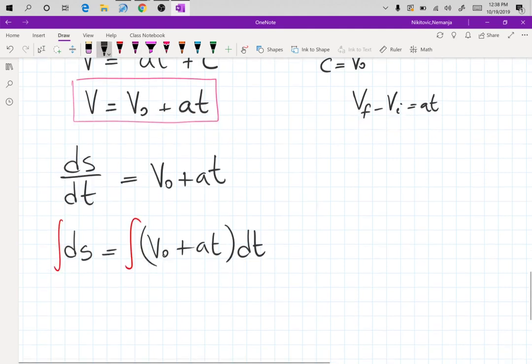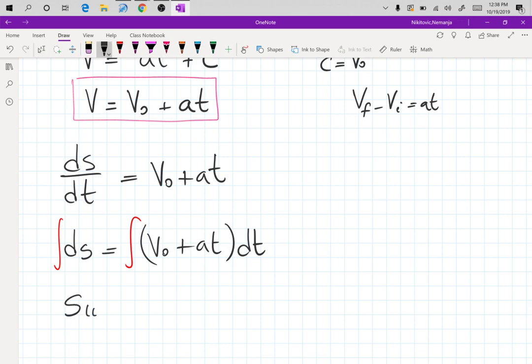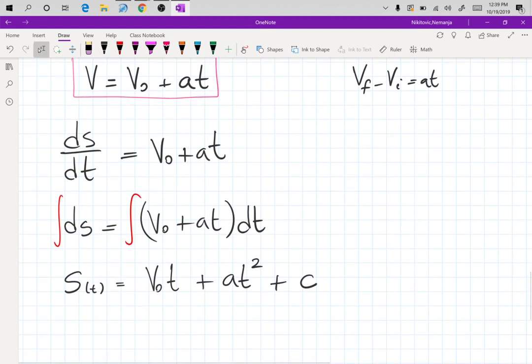And now we get s of t, which is the position in time, equal to v0t plus at squared over 2 plus some constant c, and we're going to call that constant c some initial position s0.